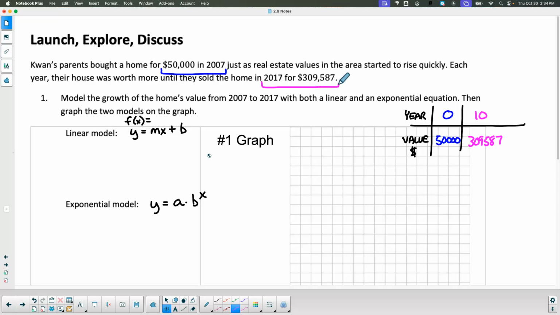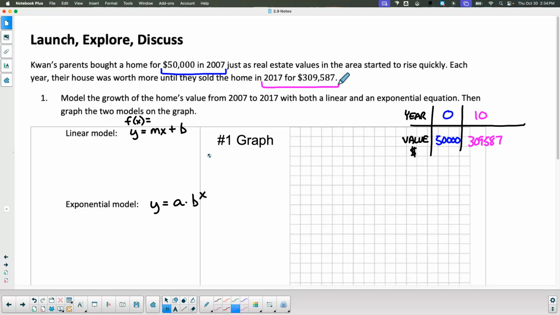Oh, no, it's the only two we got. They can be right next to each other. Okay? We need to make a linear graph or a linear equation out of that.